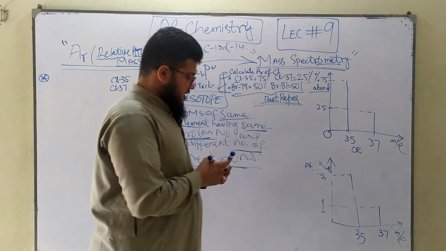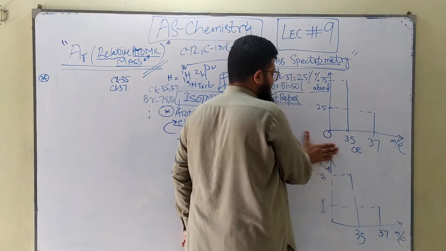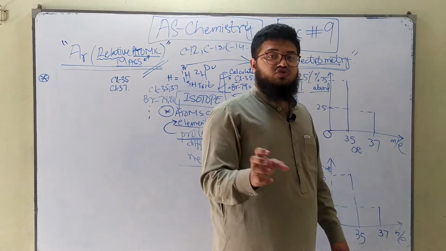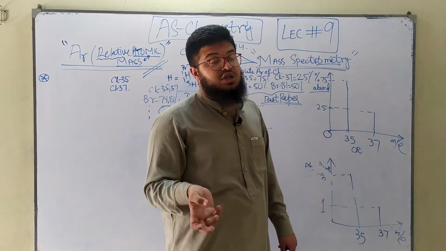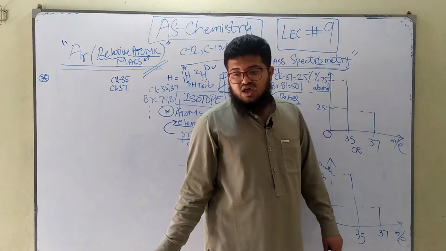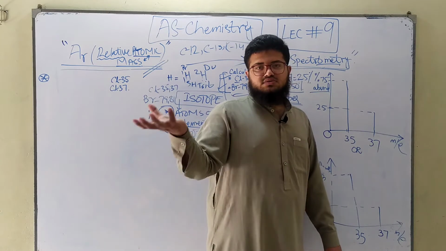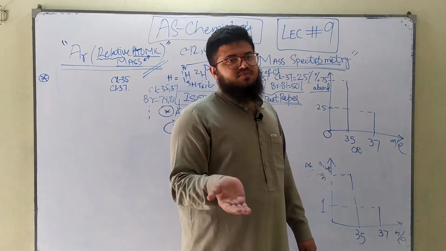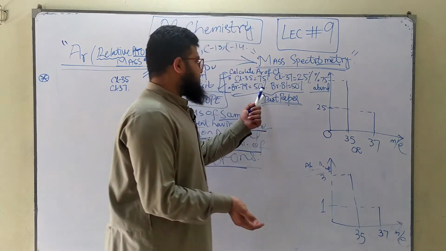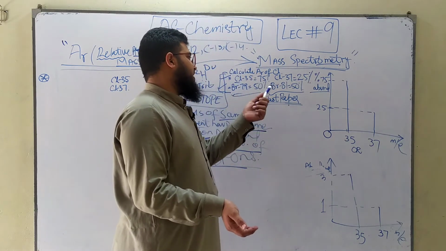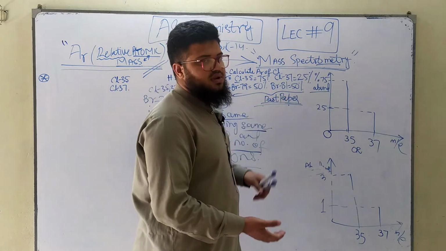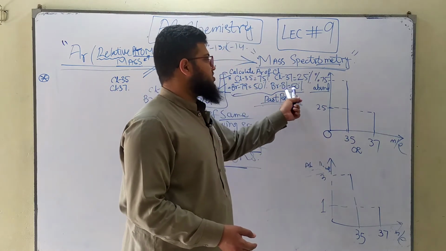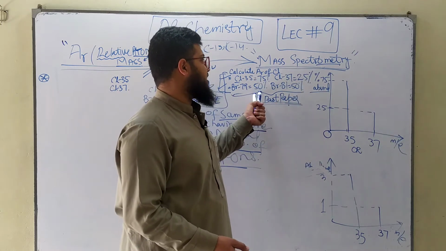In this graph of percentage abundances, percentage abundance means the percentage of that isotope that exists in nature. For instance, if you have 10 grams of bromine, there is a 50% chance that you will get bromine 79 and a 50% chance that you will get bromine 81, because their percentage abundance is 50-50.